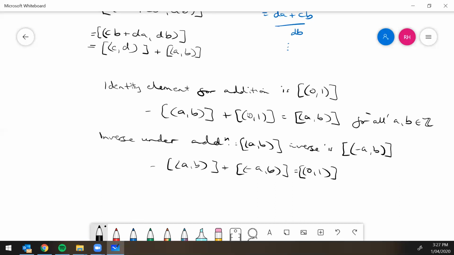And then there's going to be a multiplicative identity, which is 1, 1.